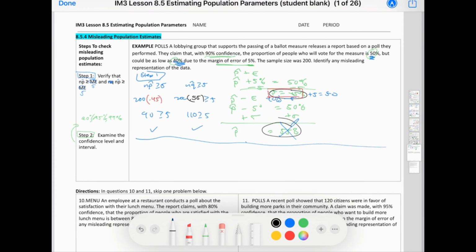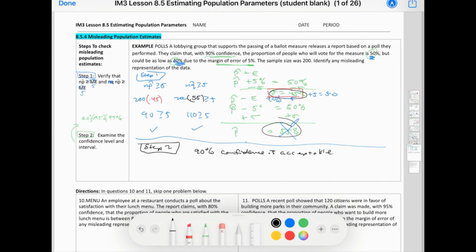Okay, let's go on to step number 2 now. Examine the confidence level. 90% confidence level is acceptable because you only have 3 numbers, 90, 95, and 99.